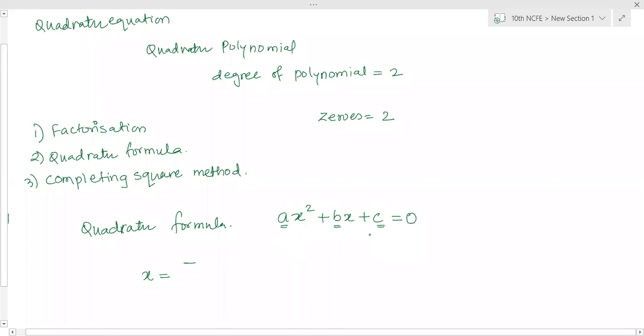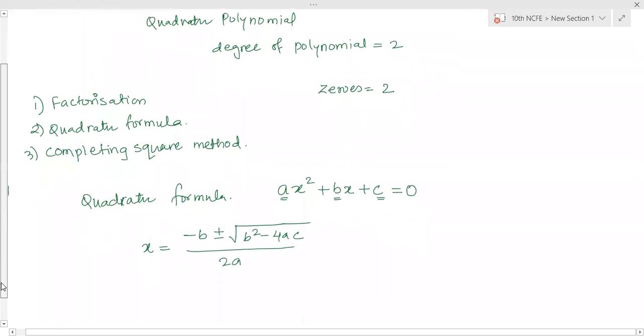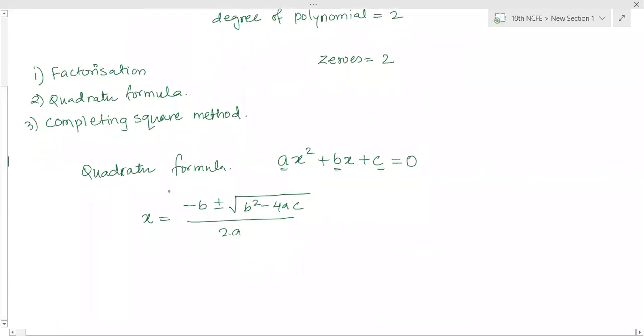In terms of a, b, c, the quadratic formula is x = (−b ± √(b² − 4ac)) / 2a. They got this formula by solving the equation using the completing square method.